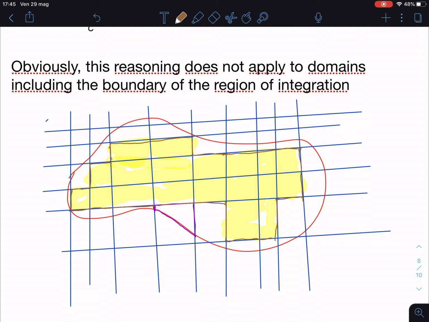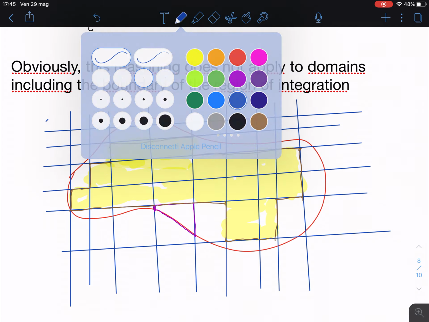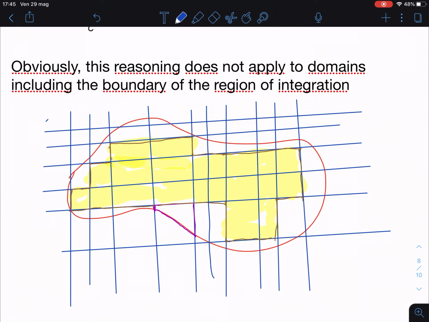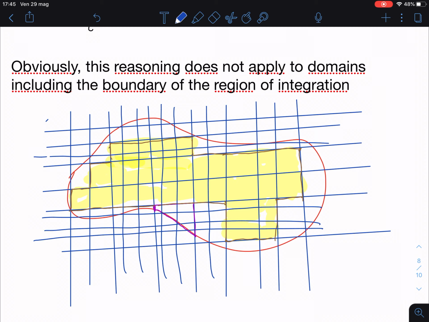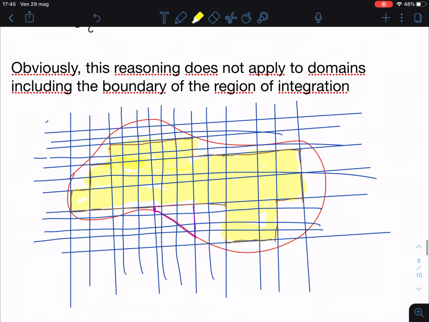We get rid of that by observing that as the grid becomes finer and finer and the rectangles thinner and thinner, the yellow region becomes larger and tends to invade all the region inside the curve.